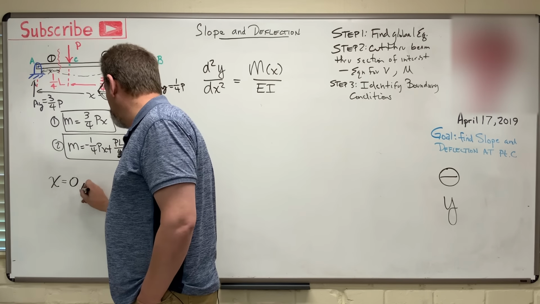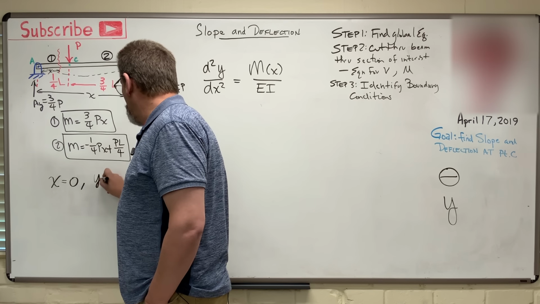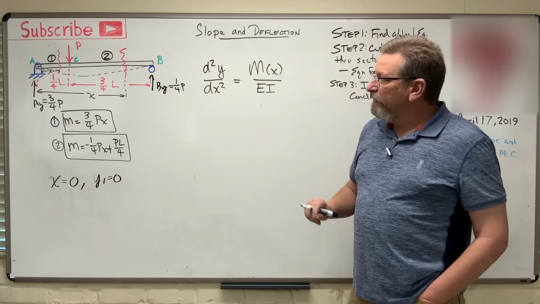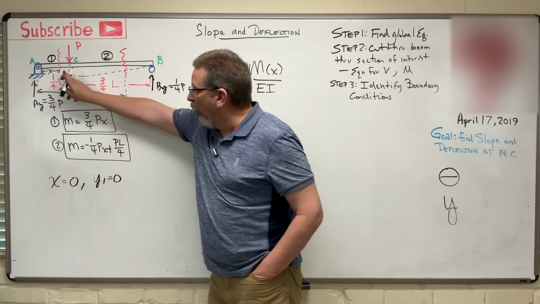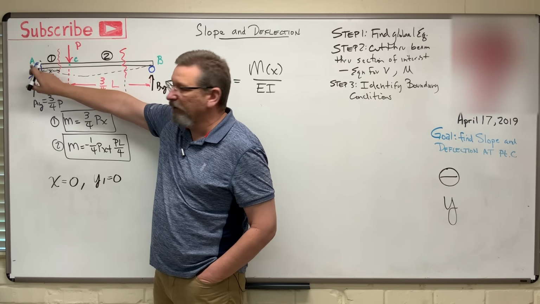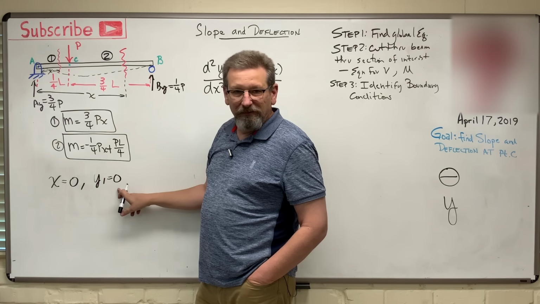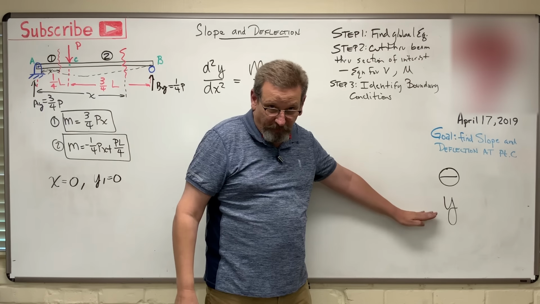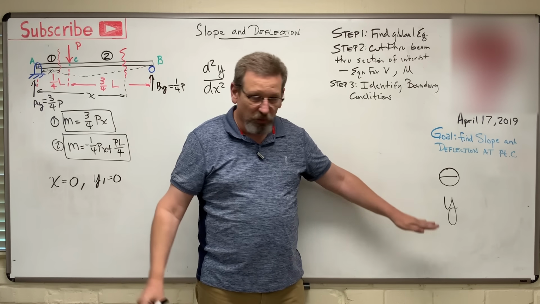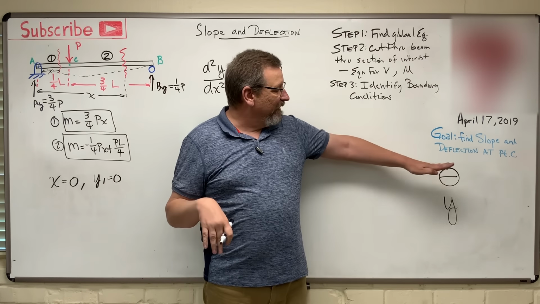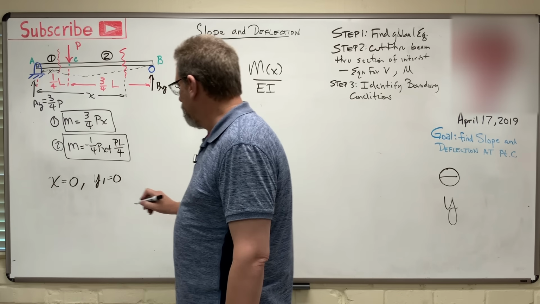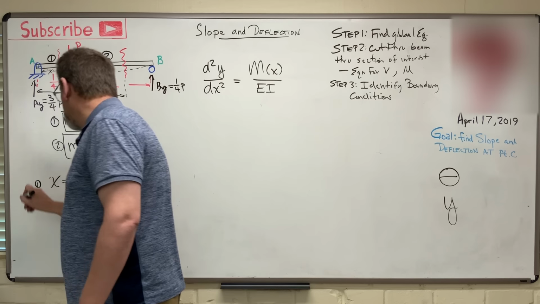Well, y1 is equal to 0, isn't it? The deflection for segment 1 when x equals 0 is 0 in the y direction. Remember, we're either talking about slope or deflection. Those are the 2 things we're getting boundary conditions for. So there's one of them, number 1 boundary condition.